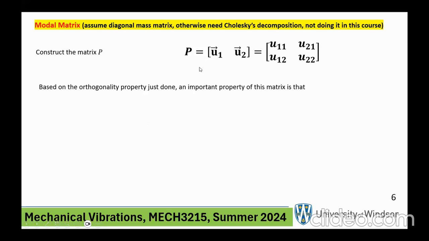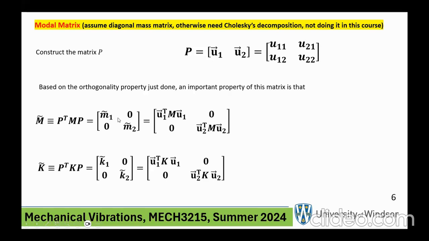Okay. Now, based on what I just showed you, and what did I show you? I showed you that U1 transpose MU2 is 0, and U2 transpose MU1 is 0. Right there, you see that? I showed you that if you form this matrix, P transpose MP, literally, please write it down.